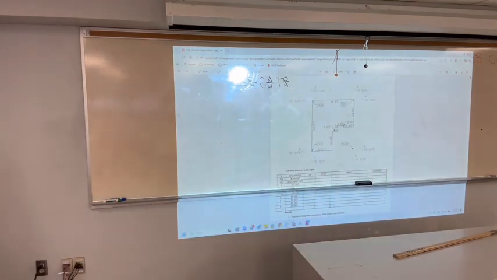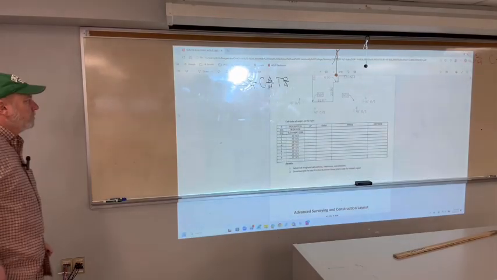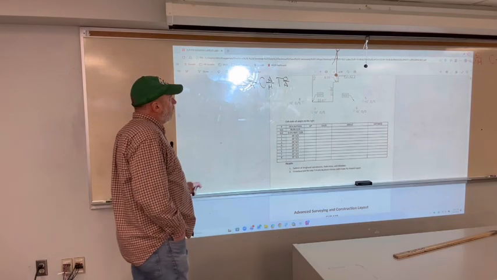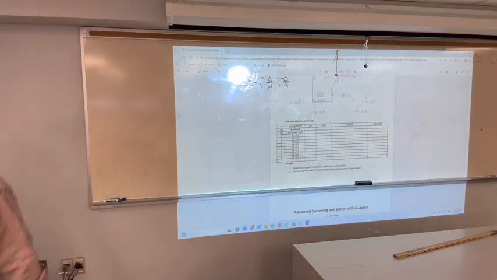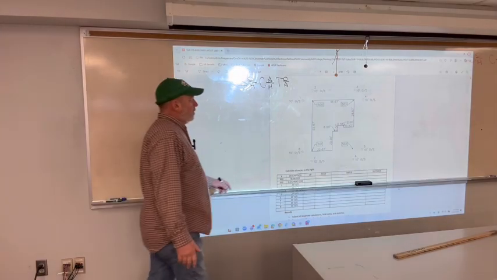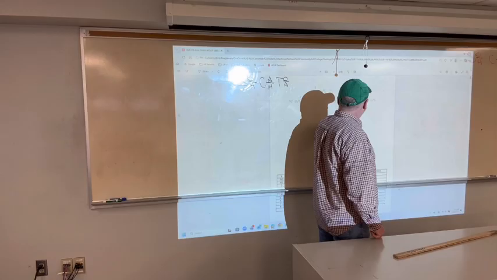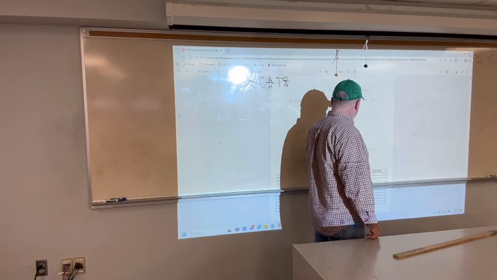So I'm going to pan up here so we can see our table. Let me point this out here real quick too. I have point numbers 503, 502 on here as well. So we do want to stake out our building corner and our neat corner.